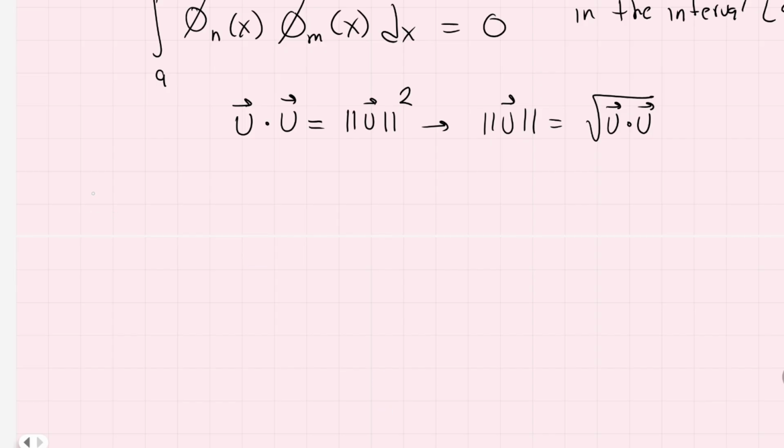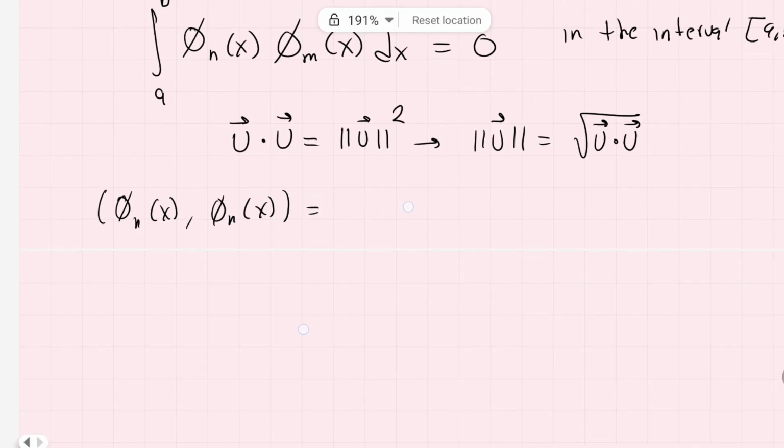So in the context of functions, we can calculate the inner product of a function with itself, for example, phi n of x with phi n of x, and this is going to be equal to the integral from a to b of phi n of x squared dx.